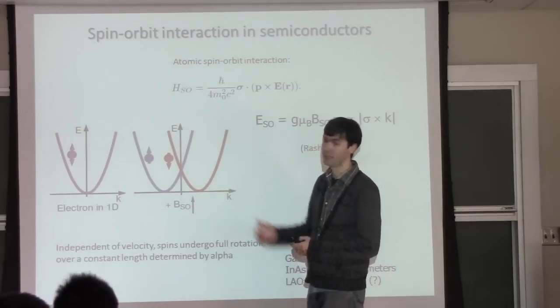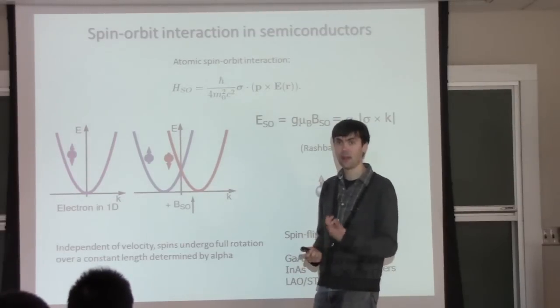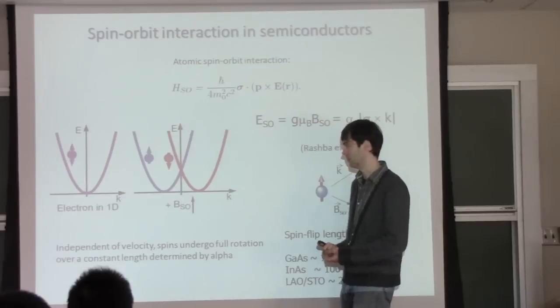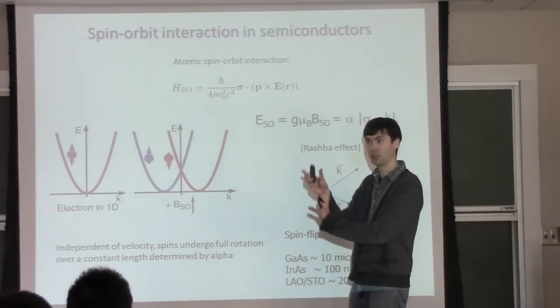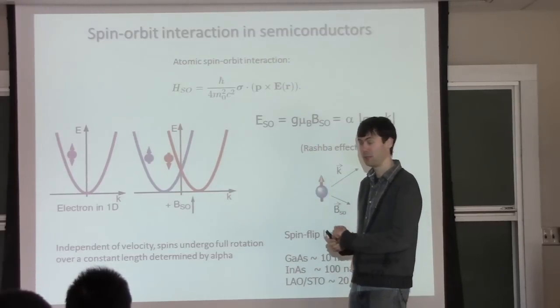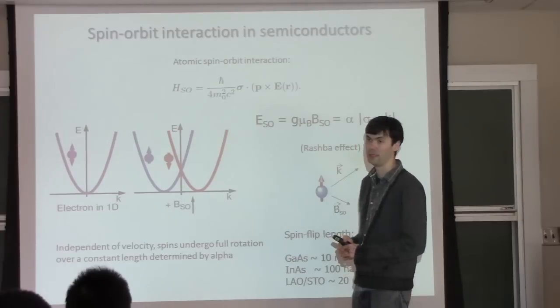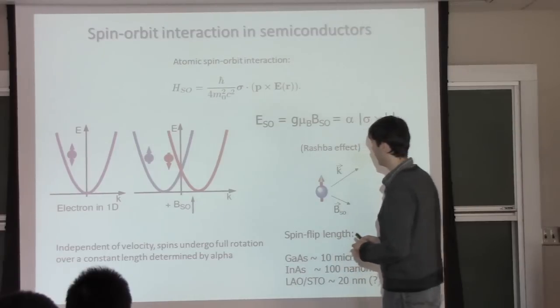So this kind of interaction, this term and this band structure, does not violate time reversal symmetry. Whereas a magnetic field does, because you're introducing an energy difference between spins for all momenta. So then if you reverse the field, the system will not come back.